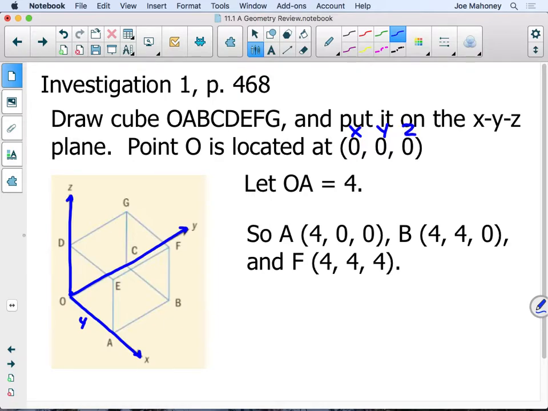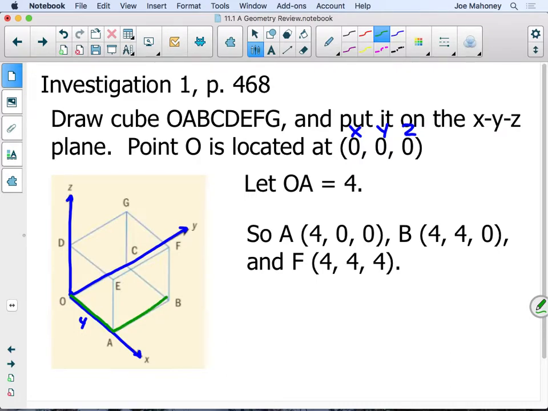So if OA has a length of 4, and it's a cube, then point A has the coordinates 4, 0, 0. Notice that you go 4 along the x-axis, but you're not going any distance in the y direction or the z direction. They're both zeros. Notice then point B is at 4, 4, 0. So you're going to go out 4 units in green here to point A along the x-axis, and then you'll go out 4 in the y direction.